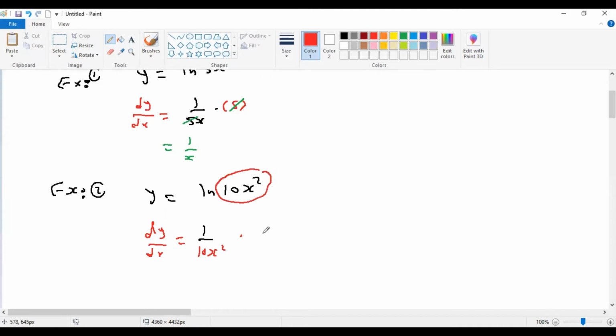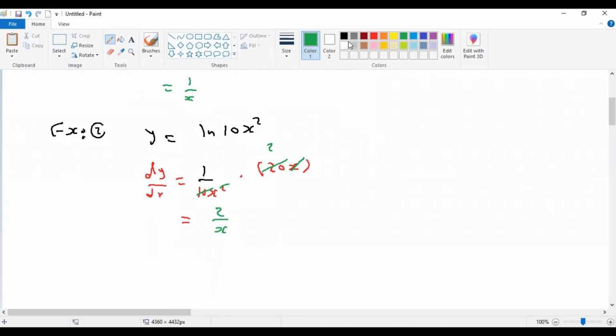Now we can simplify x with x, and 20 with 10. This will be 2. So the answer is 2 over x.